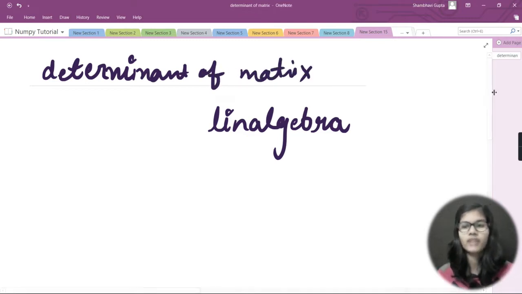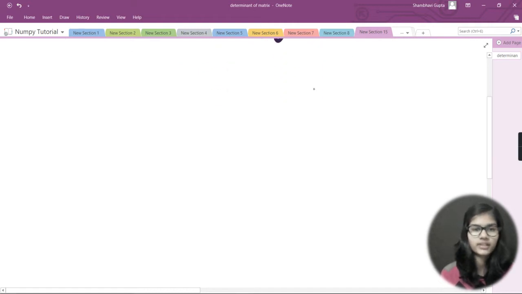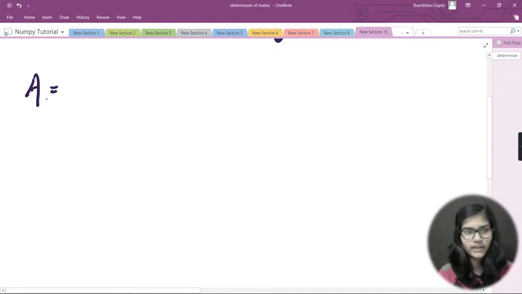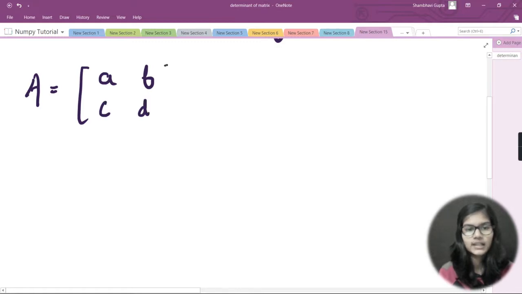Fine, determinant of a matrix. Now basically what is finding the determinant and how do we do that, let me quickly tell you. Here I have written A is equal to, inside the bracket let's say I have four values a, b, c and d. If you want to find the determinant of a 2 cross 2 matrix, we have a formula.